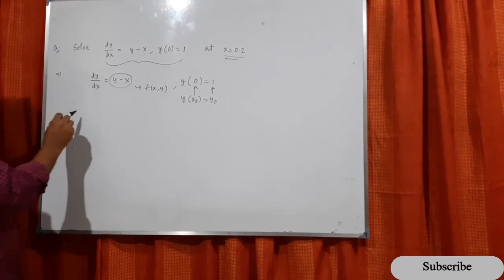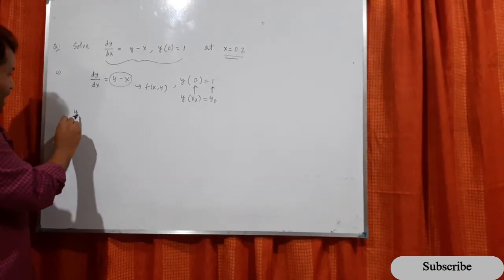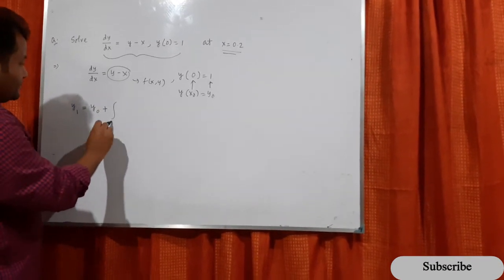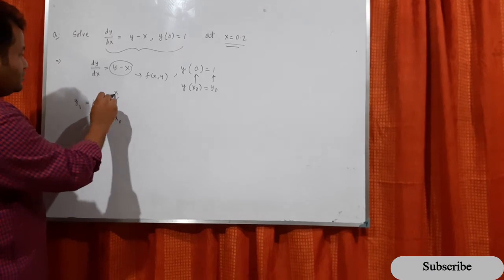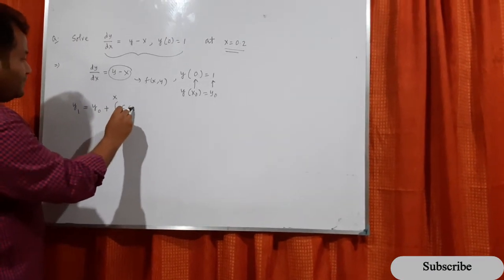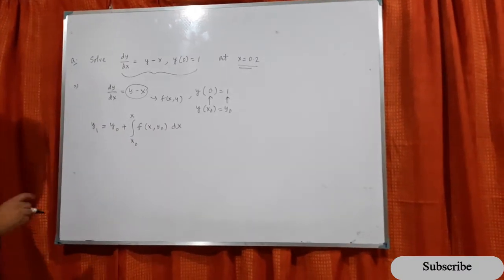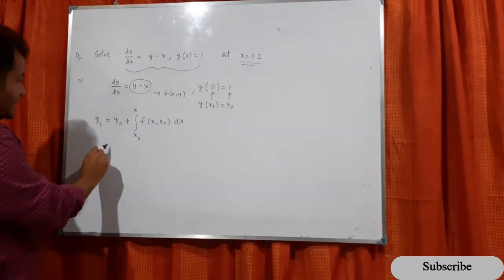So what will be the first formula? y1 equals y0 plus the integral from x0 to x of f(x, y0) dx. Now you write this formula, then you can put in the values.